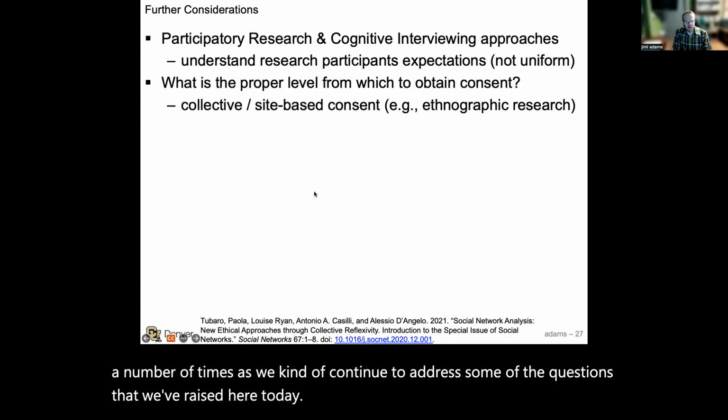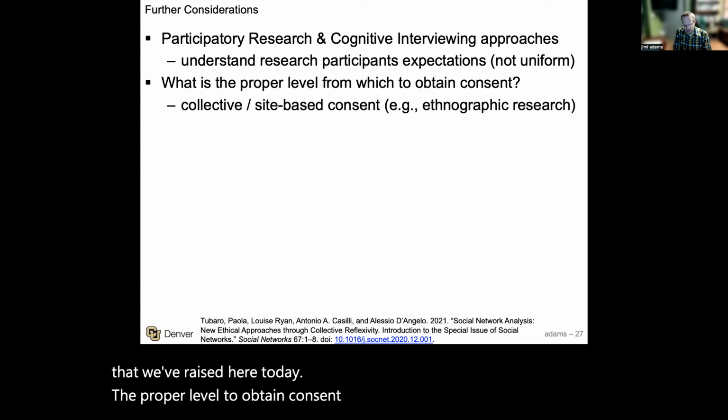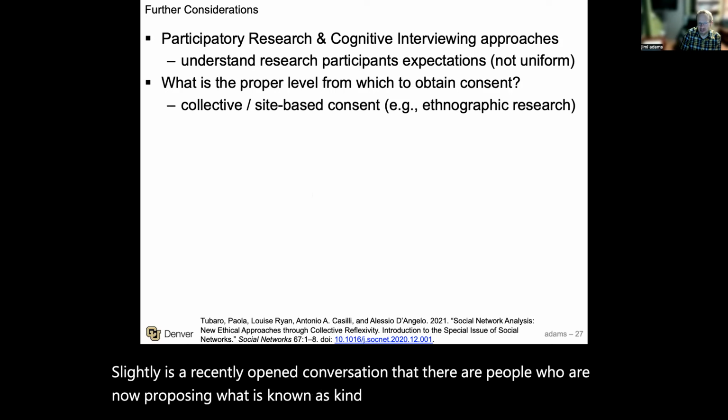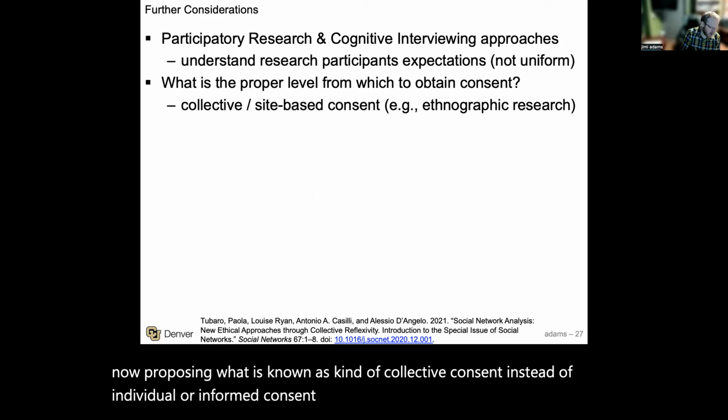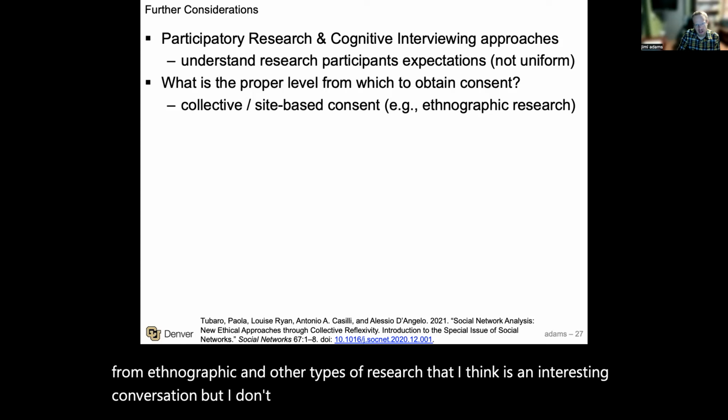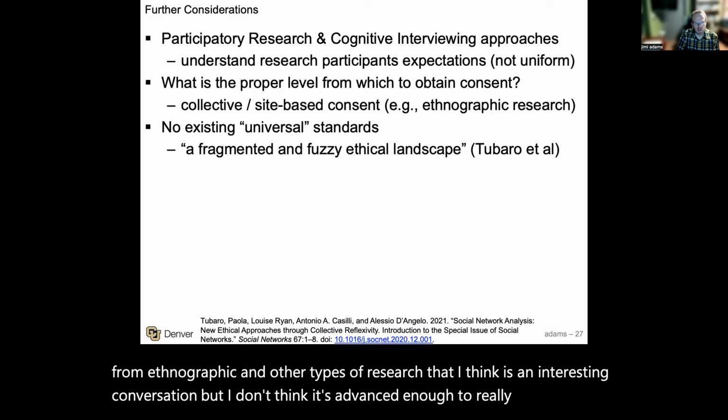The proper level to obtain consent is a recently opened conversation, in which people are now proposing what is known as collective consent instead of individual or informed consent, that draws on strategies adapted from ethnographic and other types of research. That I think is an interesting conversation, but I don't think it's advanced enough to really have many conclusions to it yet.